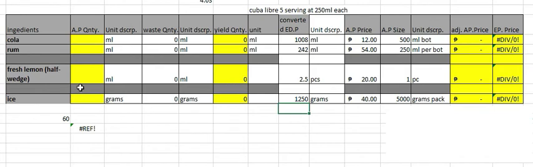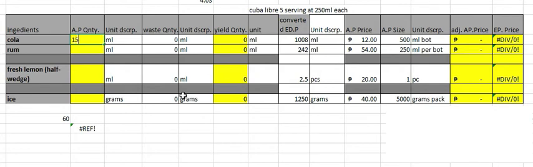So now let's identify how much will be the AP quantity, or the as purchased quantity. Please take note that we need 1008 ml. We cannot buy exactly 1008 because it is sold by bottle with 500 ml each bottle. So in short, we will be purchasing 3 bottles, right?